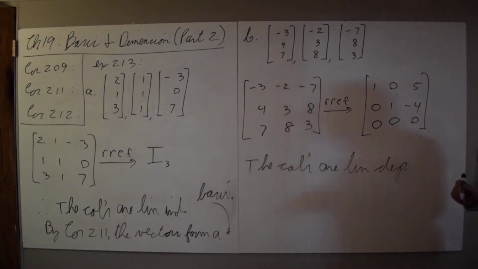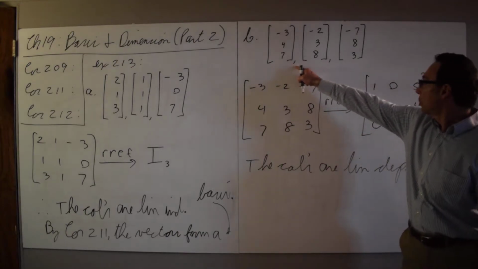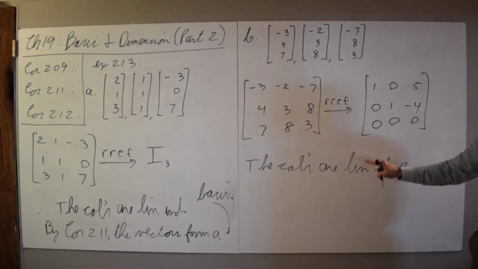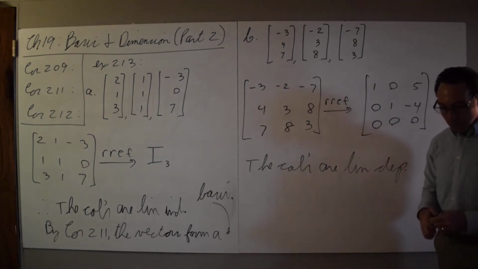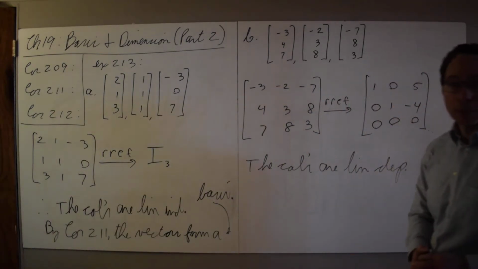A basis has to be a linearly independent spanning set. Since these three vectors are linearly dependent, they do not form a basis for R3. And finally, we will look at example 214.